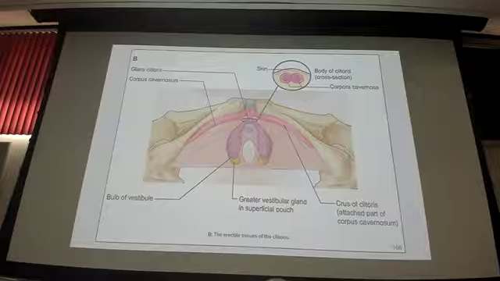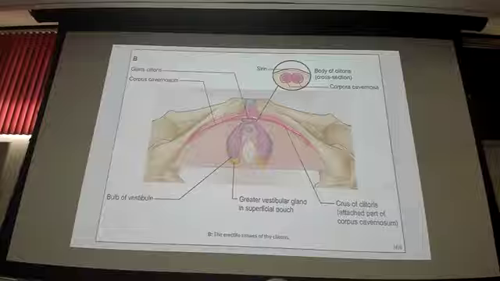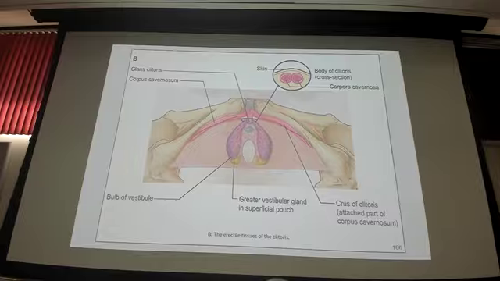But if you're talking about the erectile tissue, these are analogous structures to the corpora cavernosa of the penis. They're the corpora cavernosa of the clitoris. The crus is a bony attachment, just like the bony attachment of the pelvis to the penis. And then you have the clitoral head here, the glans clitoris.